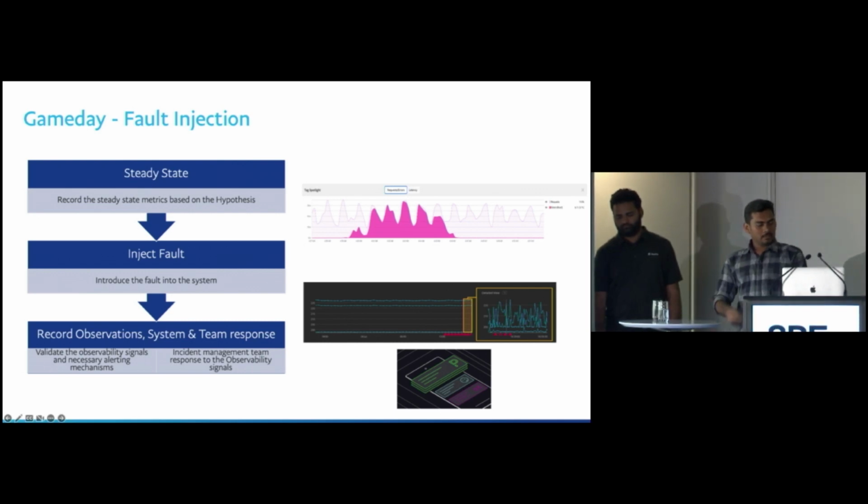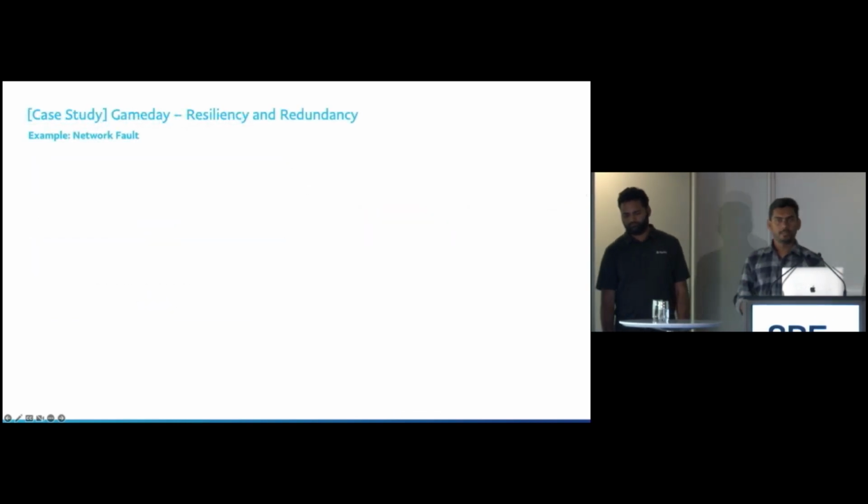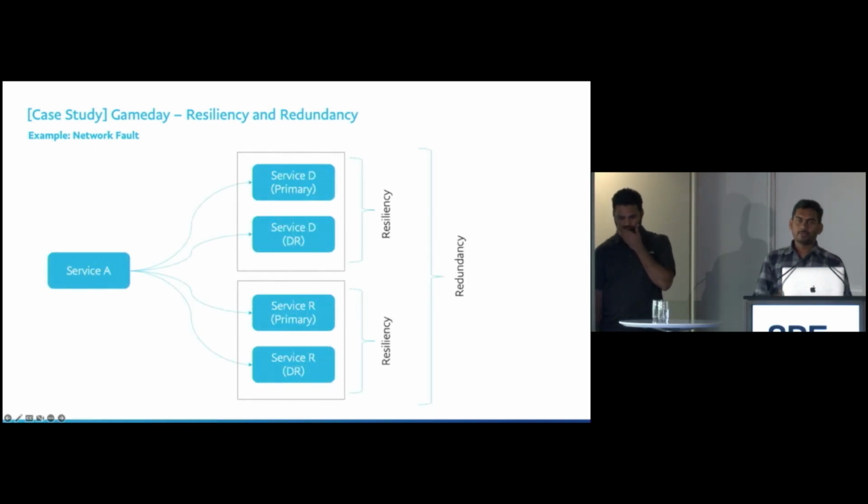We'll take one level down and look at a case study that we recently conducted in our organization. This is a very common scenario of resiliency and redundancy. We'll use this as an example to share some of our learnings and how we did this experiment.